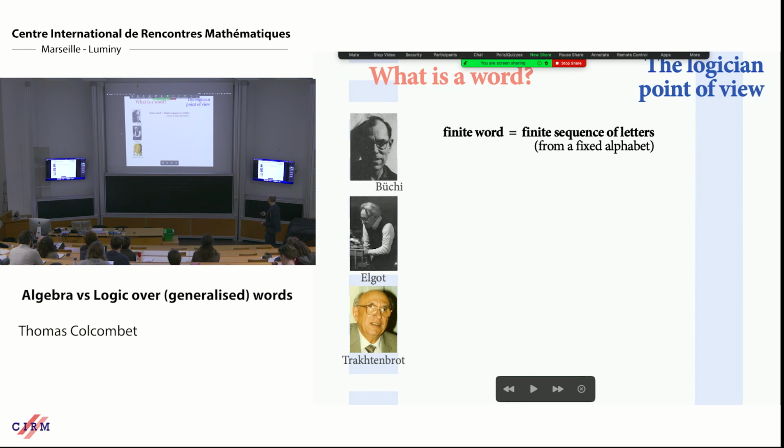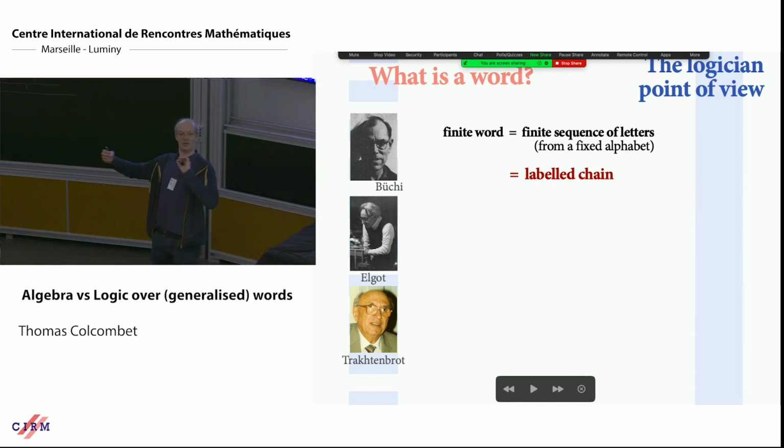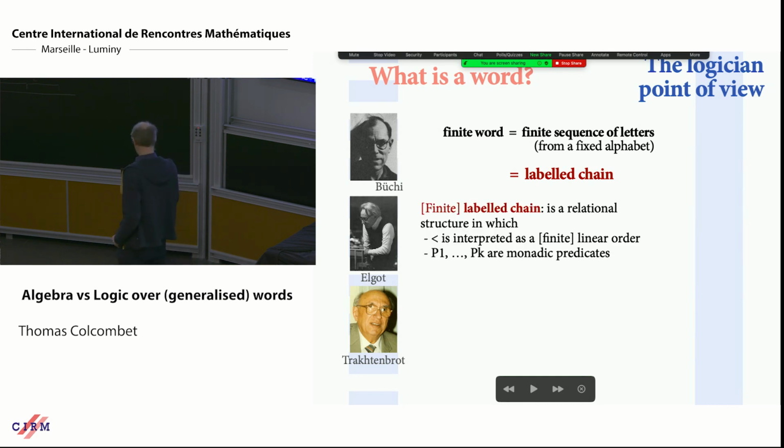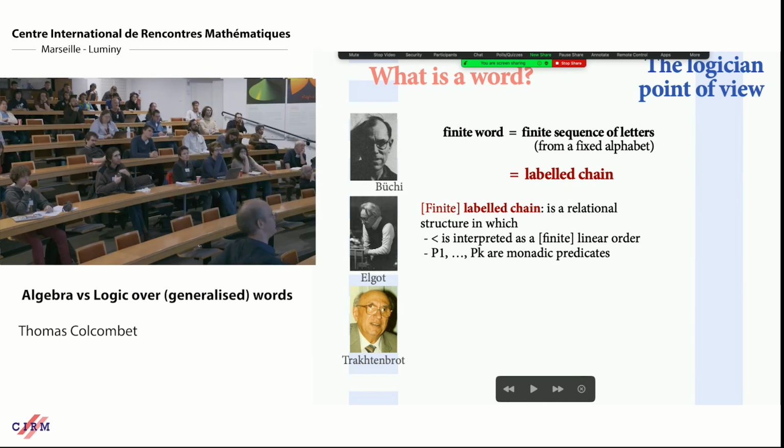So what is it? It should be a labeled chain. So let's say a total order on positions with extra predicates to say where the letters are. That is called a labeled chain.